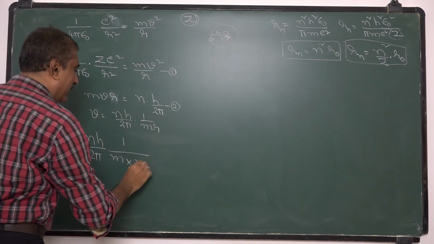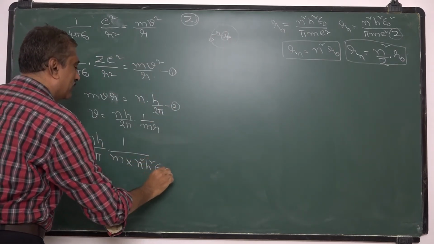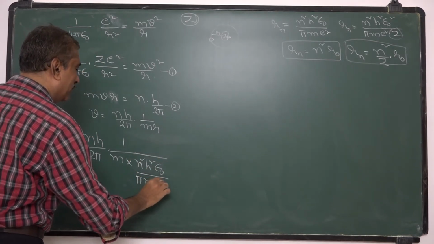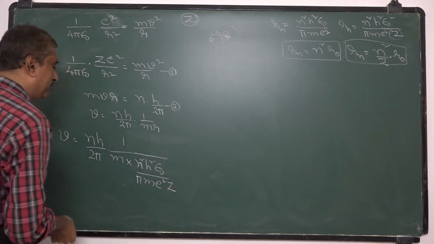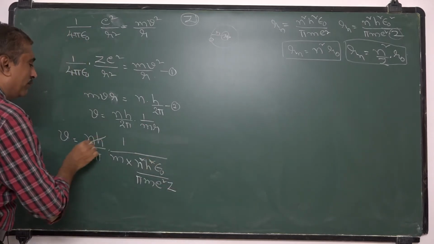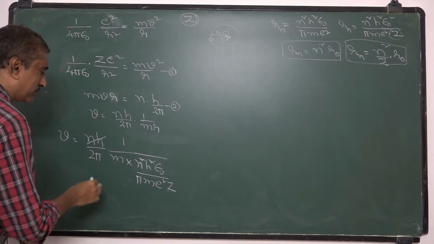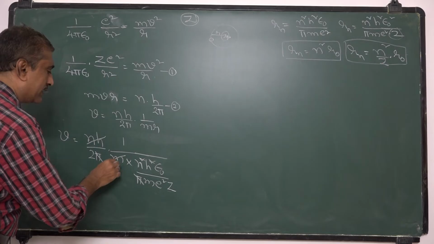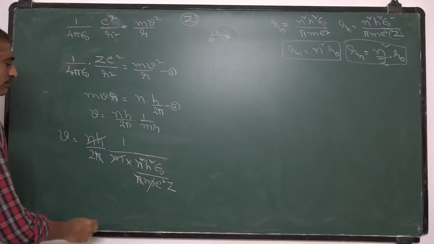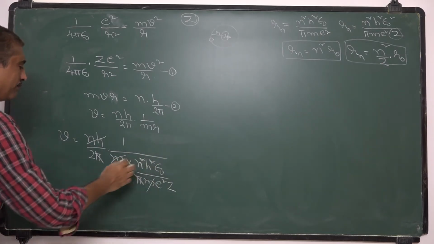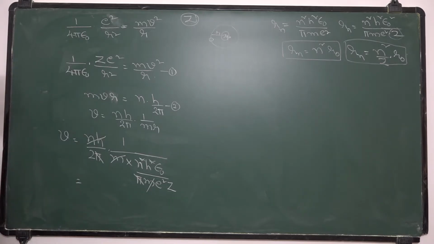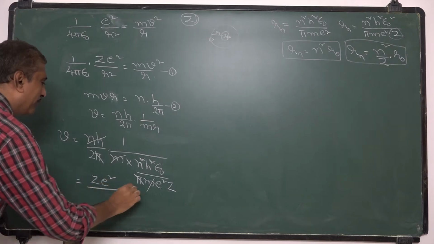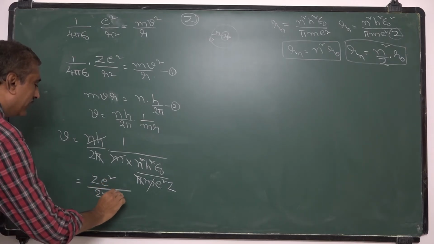Now cancelling these two, cancelling this pi and cancelling this m, we can write Z e square by 2 n h epsilon naught.